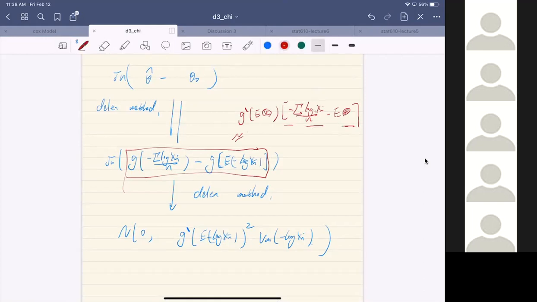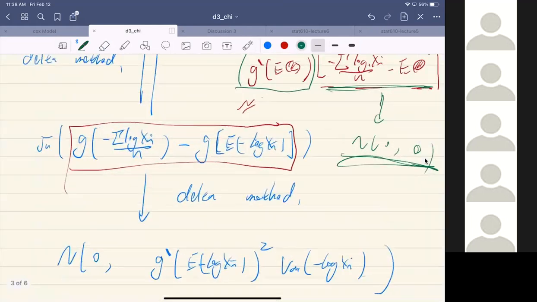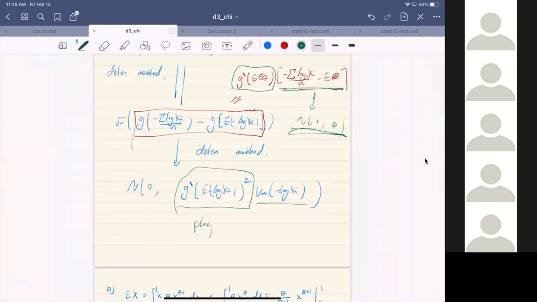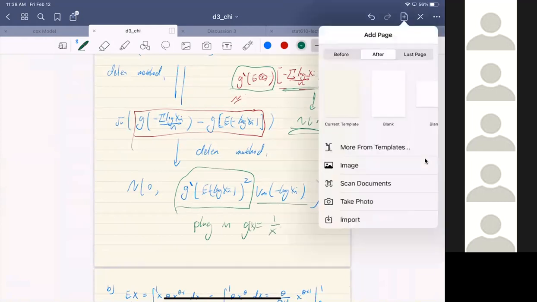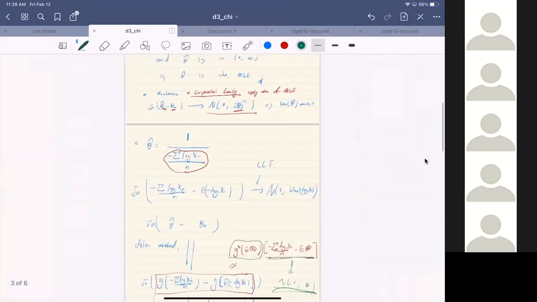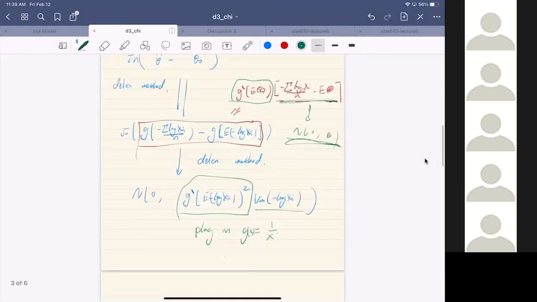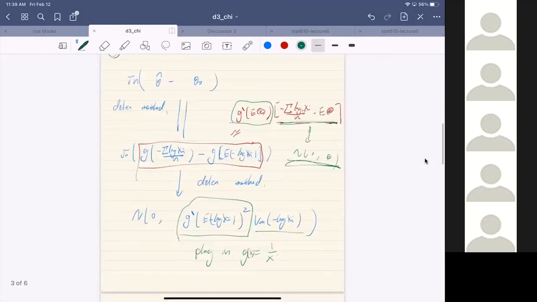Hence, if it's a normal distribution multiplied by a constant, the variance will be multiplied by the constant squared. And we plug in g equal to x. So this is another way to get the theta hat; the order is square root of n, so hence the values will converge to 0.